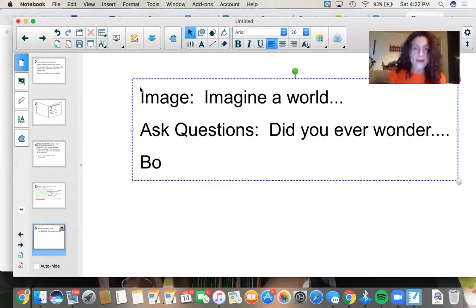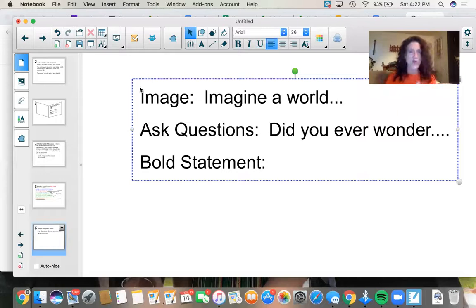And the other one is a bold statement. Now a bold statement is just like, you're going to grab their attention with something like, help fight diseases, have extra yard time, or by leaving dog poop on the street, the world is just a smellier, more uncomfortable place, and you're contributing to it.